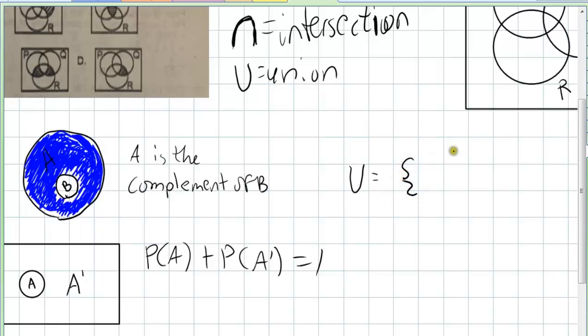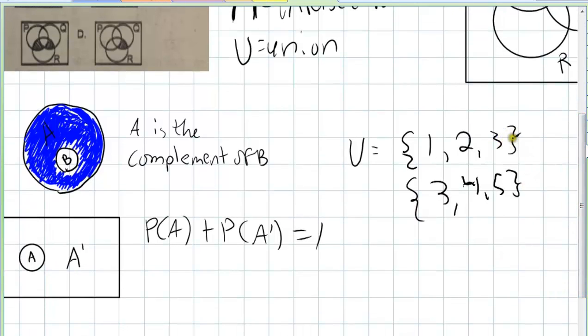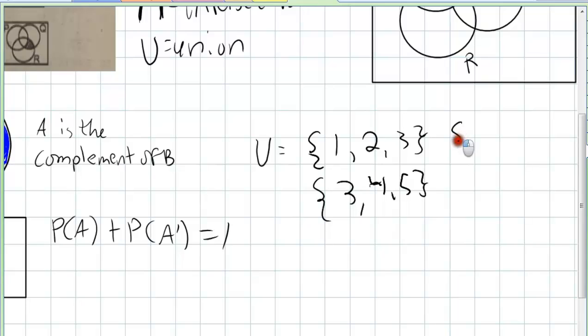Okay, so let's say the first set we're considering in our union has the numbers 1, 2, and 3, and the second set has numbers 3, 4, and 5. This is one set, and this is the second set. It could work for anything, it doesn't have to be numbers. So let's say we're bringing two people together.